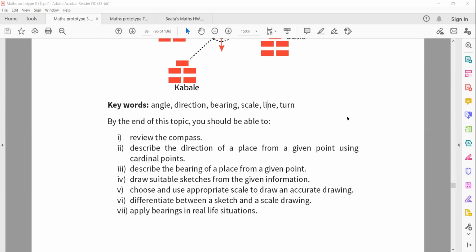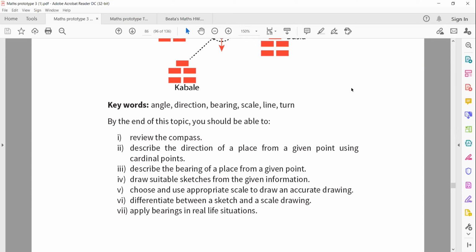So we shall see that when we get there. You should also be able to differentiate between a sketch and a scale diagram. So what we mean by a sketch and then the scale diagram, how does it look like? We should also be able to apply bearings in real life situations.